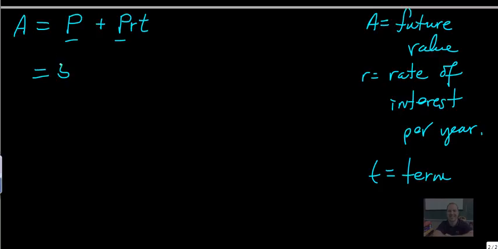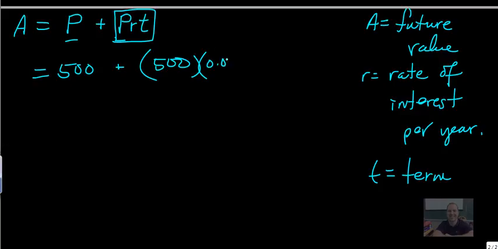I have my original $500, and this part over here is actually 500 times this decimal form of the percent times how many times you're adding that up. So really, we're not adding two 500s. I'm adding a 500 plus just the interest that we're making over the 10 years. Very good question, though, because it looks like you're adding 500 twice. Why are we doubling our money?